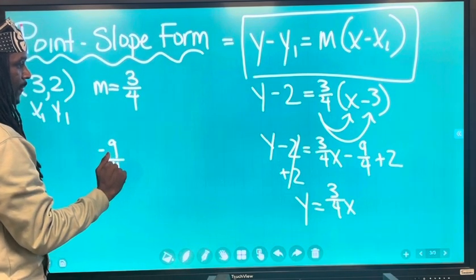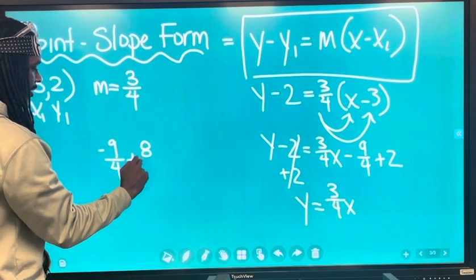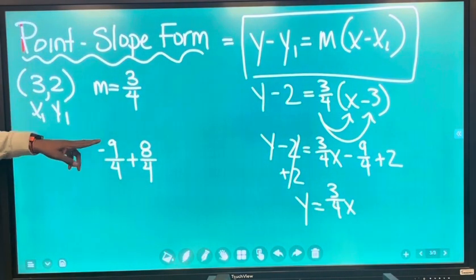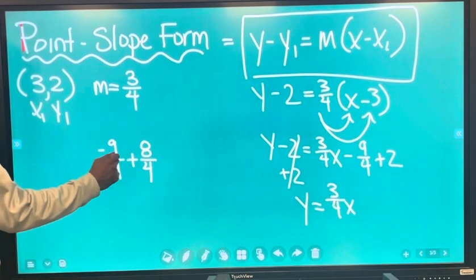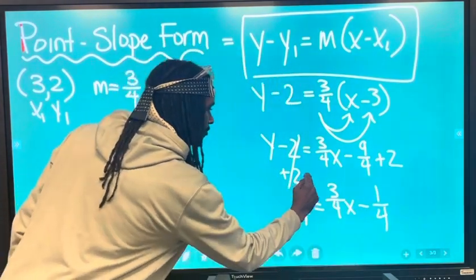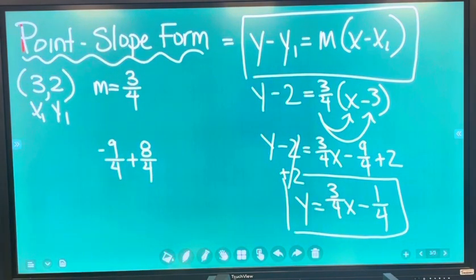No, it wouldn't be 4/4. 4/4 is 8. You would turn it into 8/4. Pause. Do y'all see how I turned the number 2 into 8/4 so I can add the fraction? Everybody understands that? So this becomes -1/4. Now, Deja, what form are we in now?